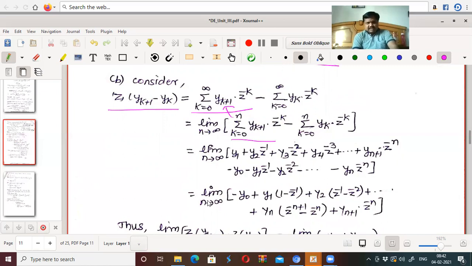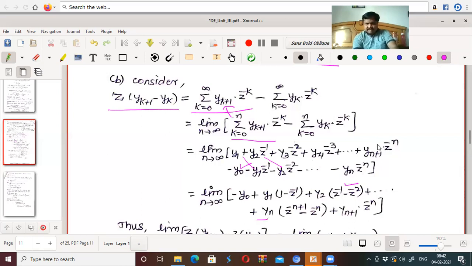So this is equal to limit as n tends to infinity, minus y0. Now this minus y0 is there, plus y1 into bracket, take y1 common from this, 1 minus z raised to minus 1, plus y2 into bracket, z raised to minus 1 minus z raised to minus 2, plus y3 into bracket, z raised to minus 2 minus z raised to minus 3 and so on up to yn into bracket.